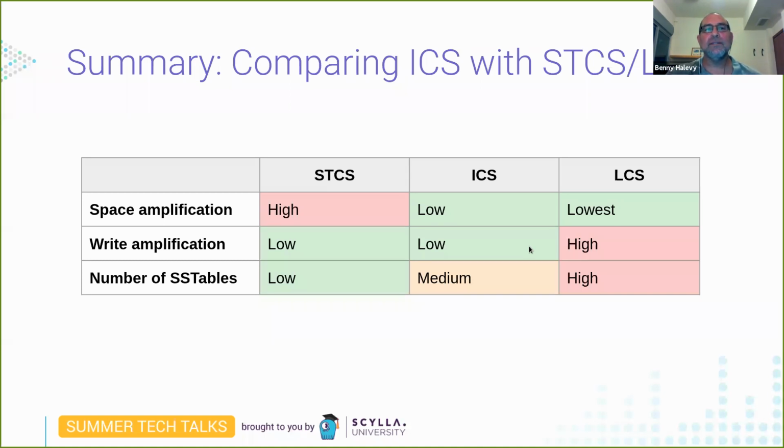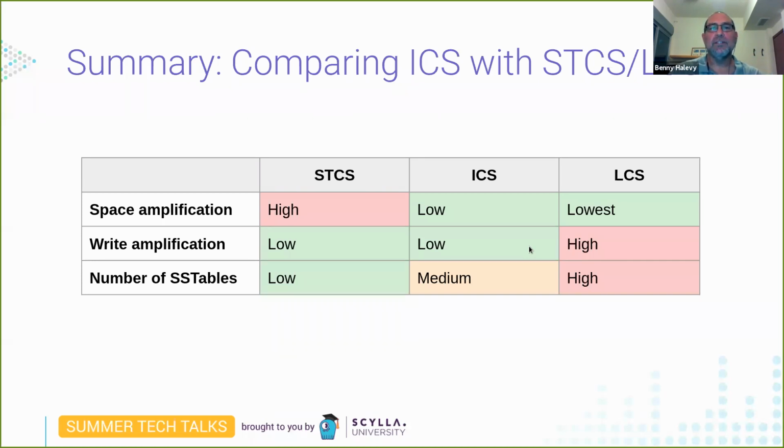As for write amplification, it is low in STCS due to the exponential SSTable size. And this property is kept in ICS since we essentially copy the same tier structure, just implement it with SSTable runs instead of large SSTables.